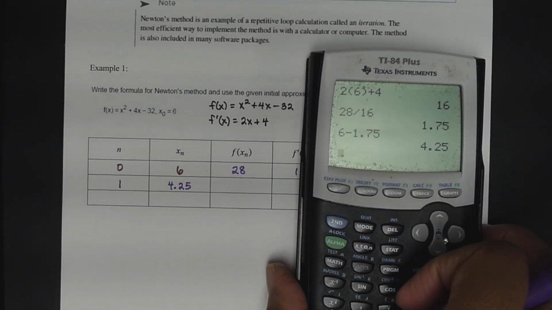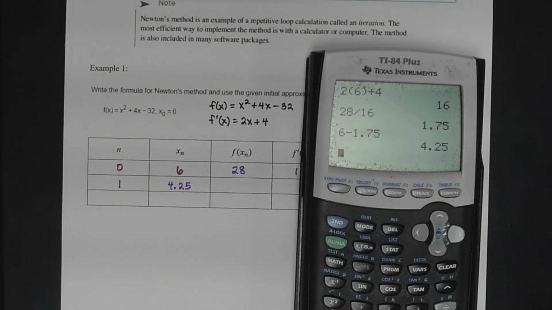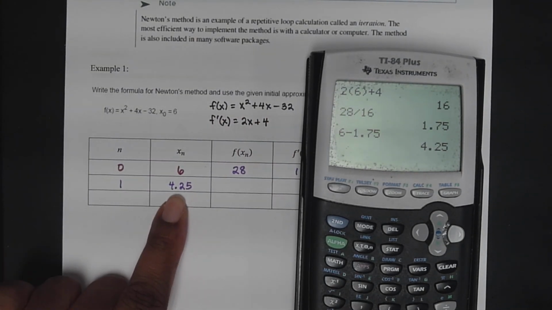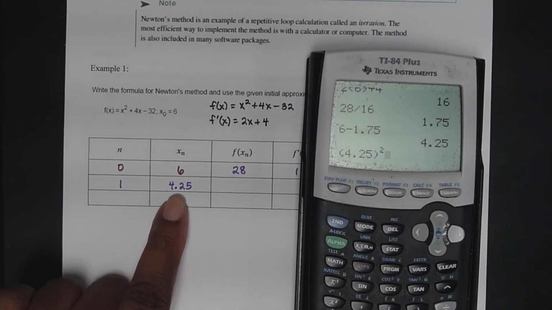So for f of x n, well, f of x is x squared plus 4x minus 32. Take 4.25, and then that's squared. I'm replacing every x with 4.25, and then plus 4 times 4.25, minus 32.